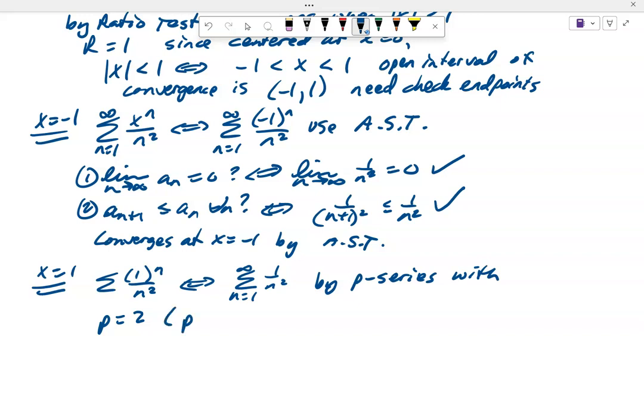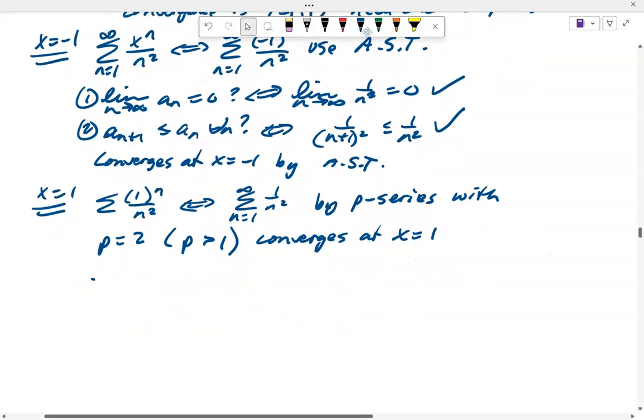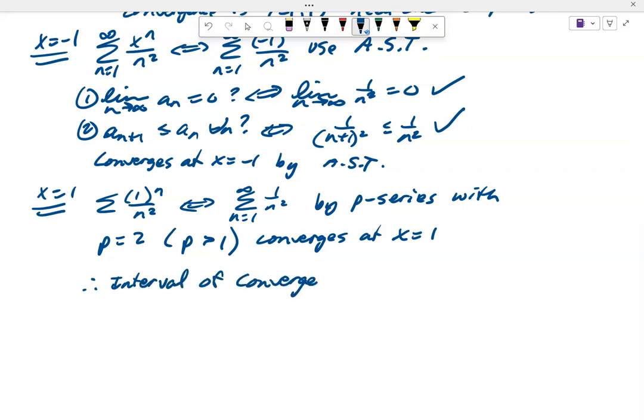So if we have p being greater than 1, it'll converge. Converges at 1 by the p-series. Therefore, the interval of convergence is -1 to 1. We're including both of those this time.